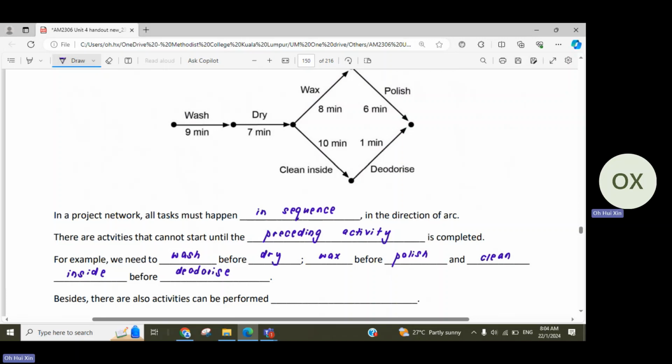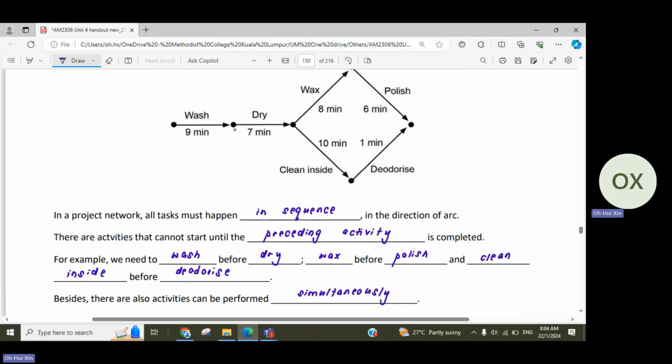Besides, you can see that sometimes from a checkpoint, you can have more than one edge that continues from it. Which means that these are activities that you can perform simultaneously.